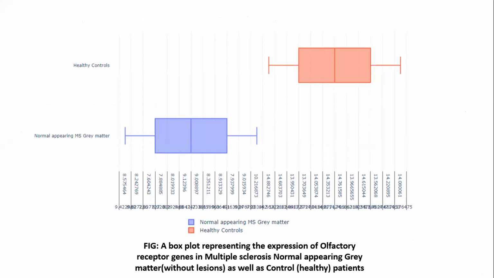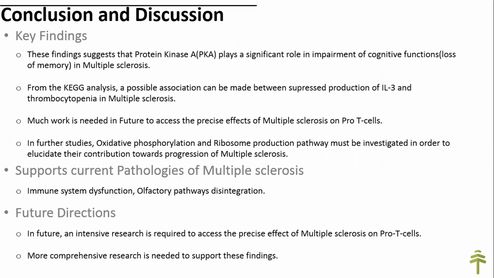Also, for a better picture, I have plotted a box plot representing the downregulation of the olfactory genes in normal appearing gray matter, and they are normally expressed in healthy controls. My key findings and suggestions include the top 12 olfactory genes, which were shown to be downregulated in multiple sclerosis patients, and a possible association between protein kinase A, cognitive loss of function, and multiple sclerosis.